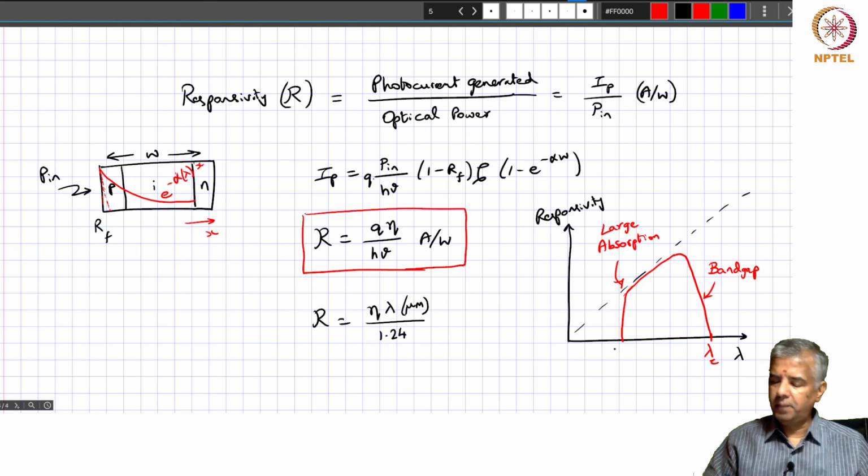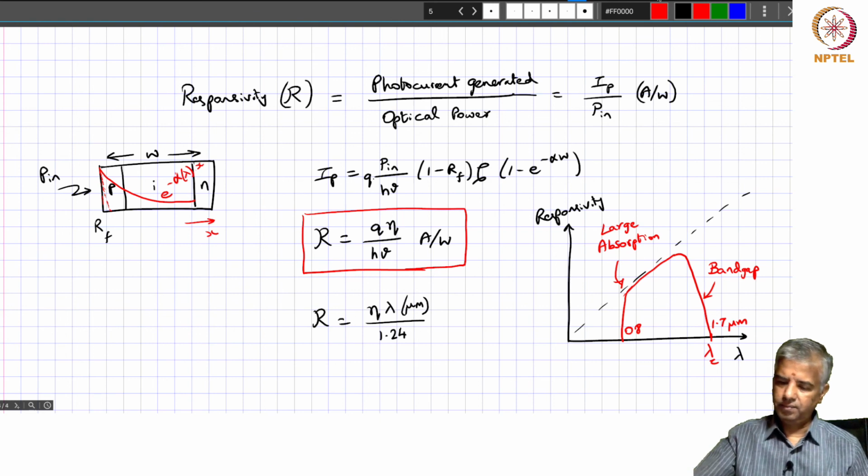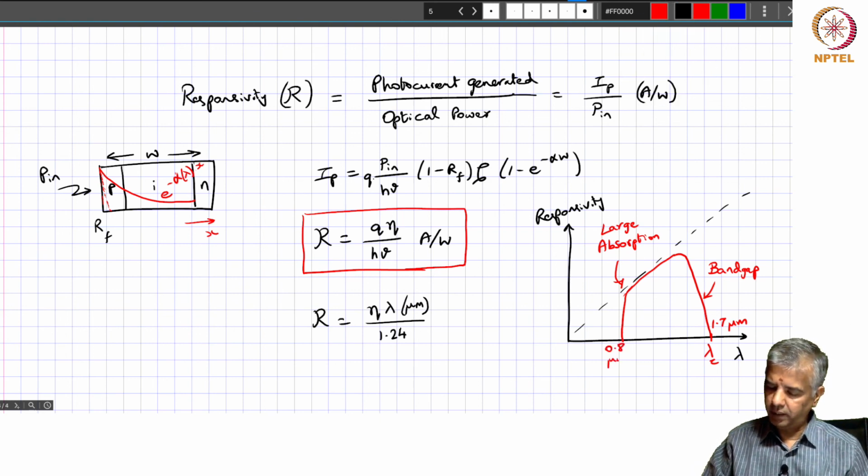So if you do this for, say, indium gallium arsenide, the cutoff wavelength is around 1.7 micron, and this sort of drop typically happens around 0.8 microns.